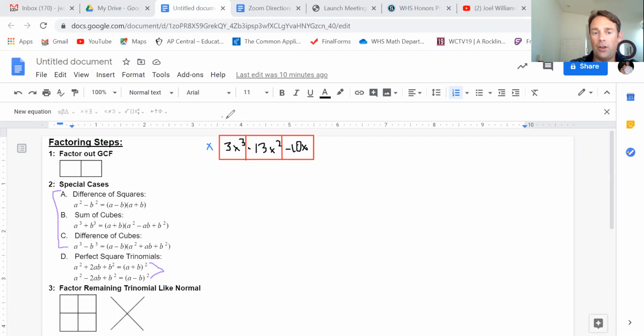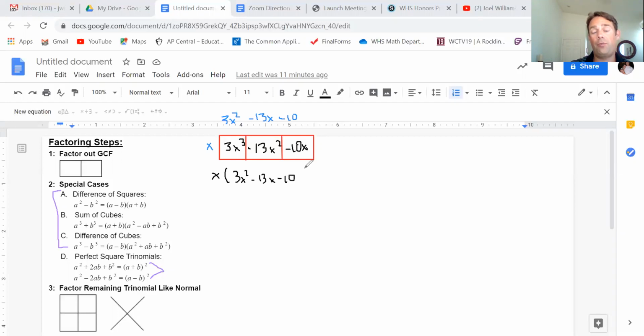Now, when I bring that x out, I'm left with 3x squared, a negative 13x, and a negative 10. So when I factor this, that x can come out, and I'm left with 3x squared minus 13x minus 10.